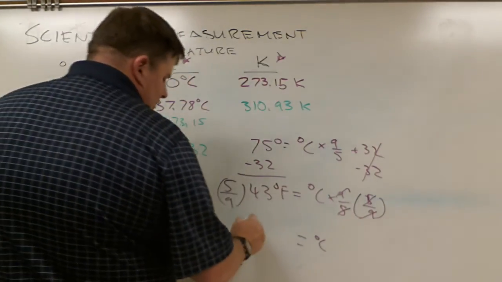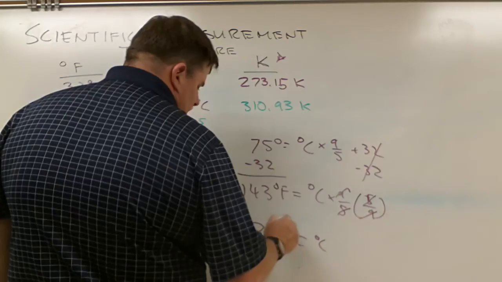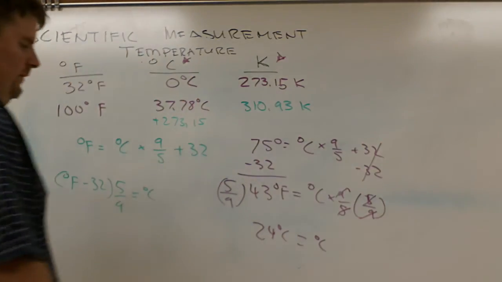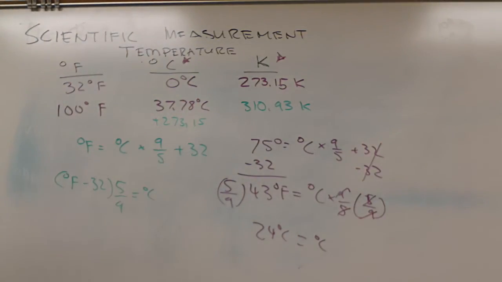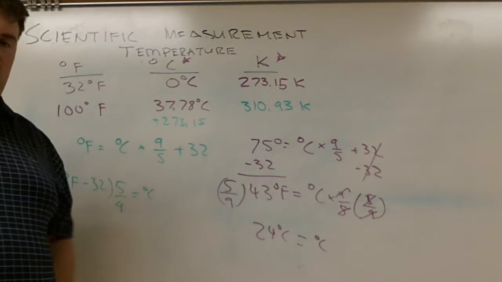In this case, I'll round up to 24 degrees C. That's how we do this type of conversion. If we want to find Kelvin, always just add 273.15 to it.